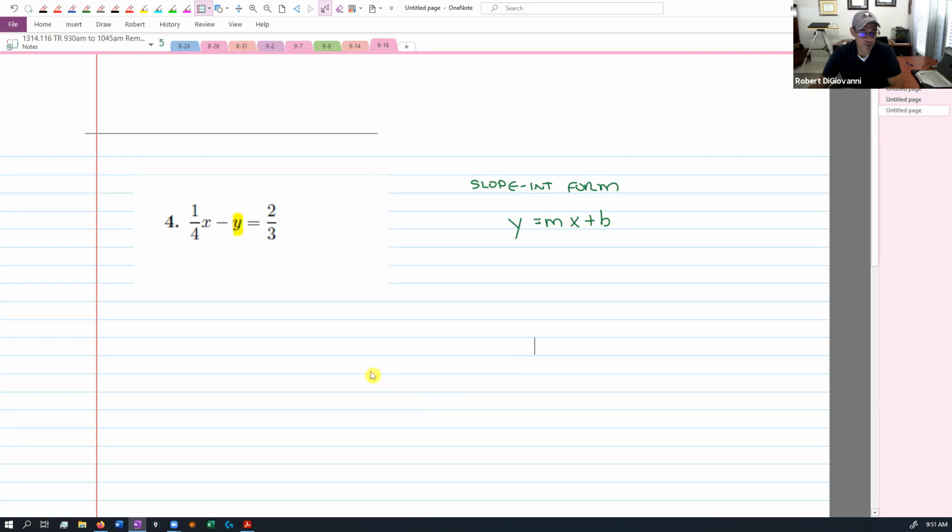So again, you have choices here. I'm going to subtract the 1/4 x on both sides. And that will get rid of it on the left, leaving me with negative y equals. Now on the right-hand side, you cannot put these two together because one of them has an x, the other one doesn't. So I'm going to write it this way.